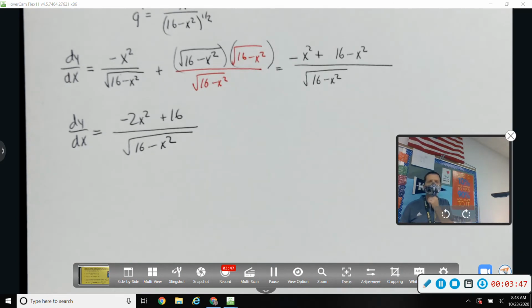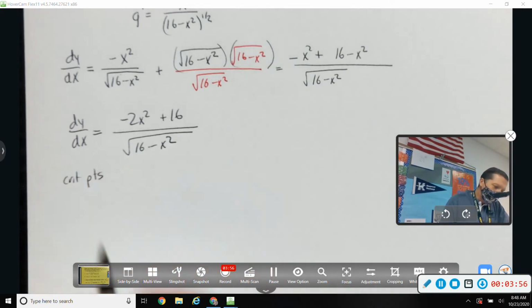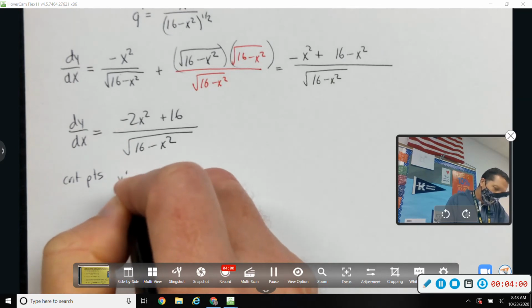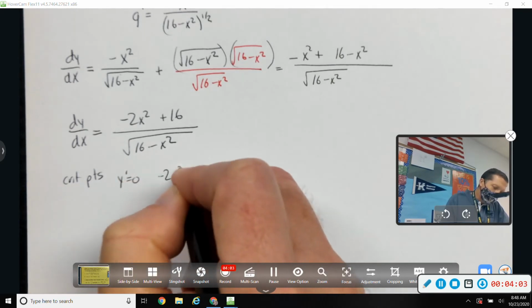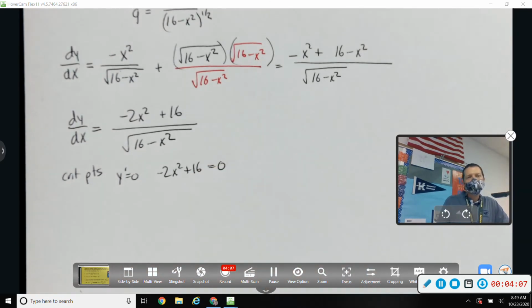That's a lot of work, and we haven't really even begun the answer to part of this problem. So critical points would be where derivative is 0 or undefined. So y prime equals 0 if negative 2x squared plus 16 equals 0, where the top is 0.